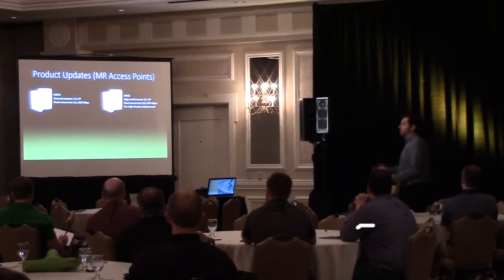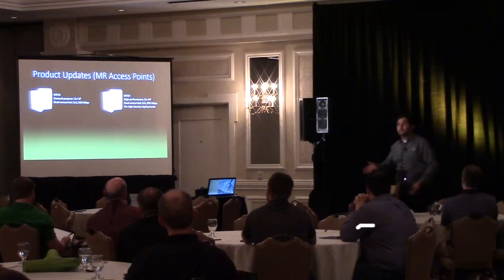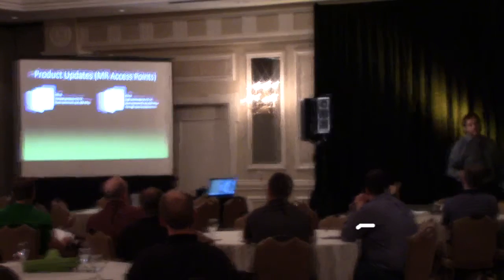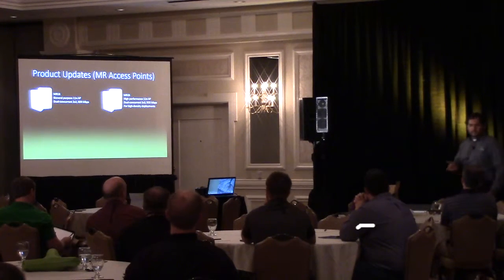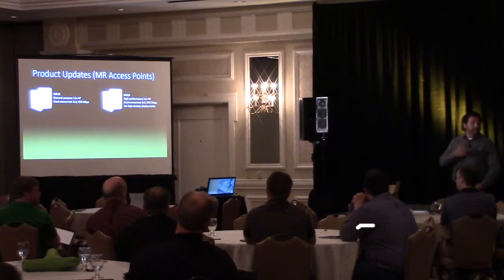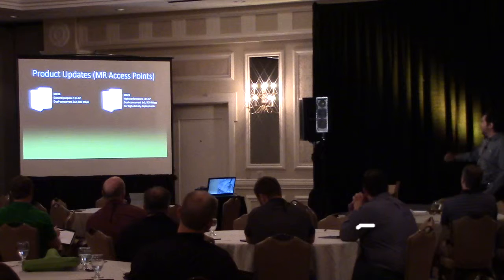So those of you that have deployed MR16s, MR12s, for example, when you sign up to do the Meraki webinars and you get a free AP, they sent you an MR12 still. They do 18s now, okay. So now you get an MR18, which is great. That's a dual radio, 600 megabits per second.